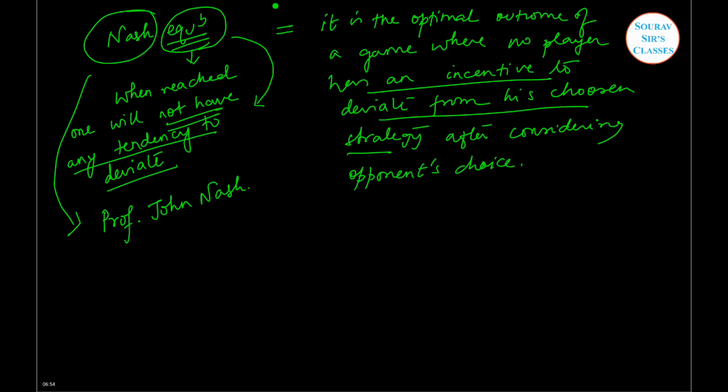Okay. So once you reach the point of equilibrium, that optimal outcome of a game, you will not have any incentive to deviate from that particular strategy. And if this condition is satisfied, it will be termed as Nash equilibrium.